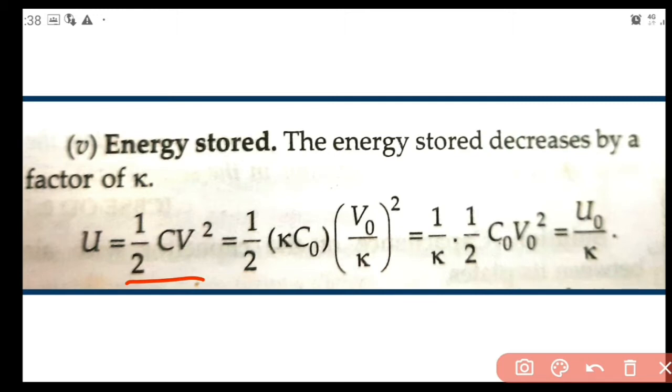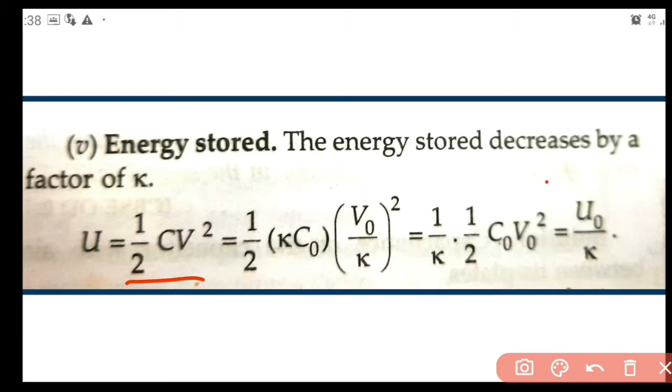So one K gets cancelled and we have 1 by K half C0 V0 square. We know half C0 V0 square is U0. So the new energy becomes U0 by K. So energy also decreases by a factor of K. By that way, the answer to that question is over.